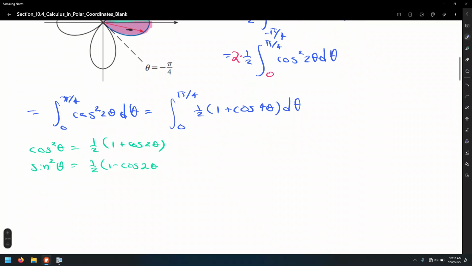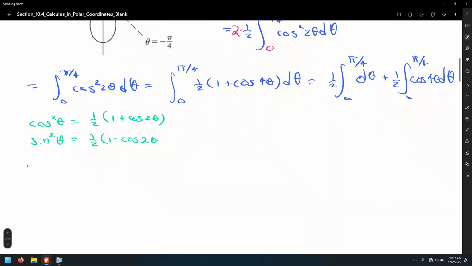Writing this in terms of two integrals, that becomes 1/2 the integral from 0 to pi over 4 of d theta, plus 1/2 the integral from 0 to pi over 4 of cosine 4 theta d theta. And I think we're ready to integrate this one.